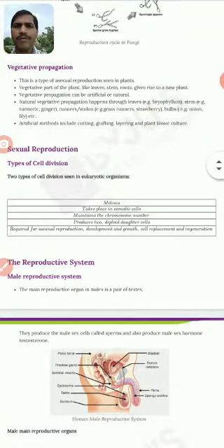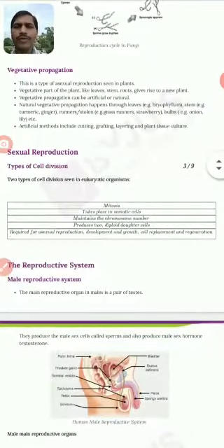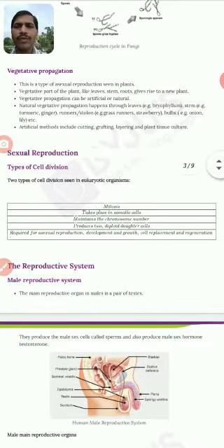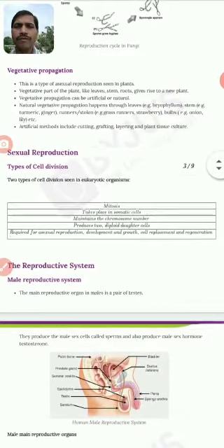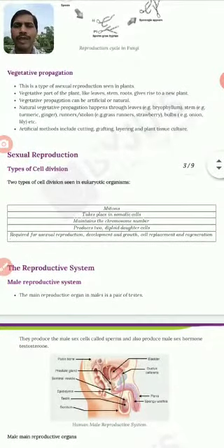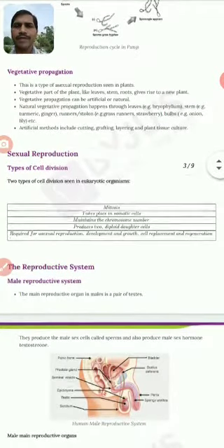Both the parts are grafted together, and in due course of time a new plant will come up that will be known as pomato. In the lower part of the pomato we will have potato, and in the upper part we will have tomato. So this is a new method of planting, that is grafting.